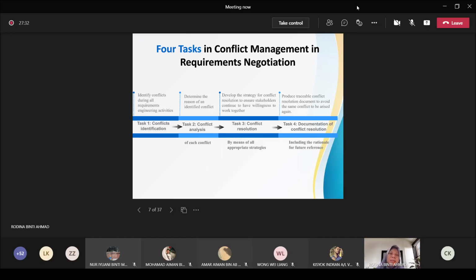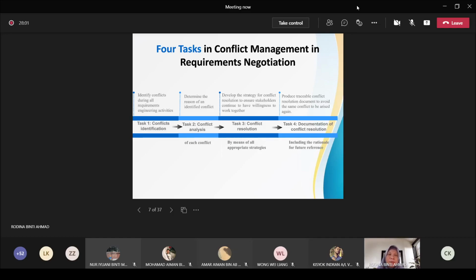It can also occur during requirements management, when they try to assess the requirements in terms of priority, which one is more important and so on. The stakeholders can have differing opinions regarding the importance of the requirements, in other words, the priority of the requirements. So conflict can also occur during that time.